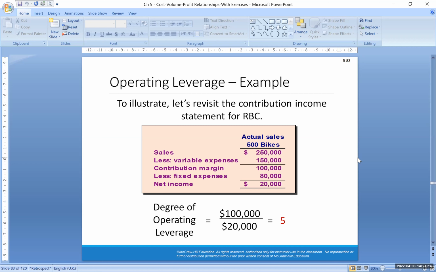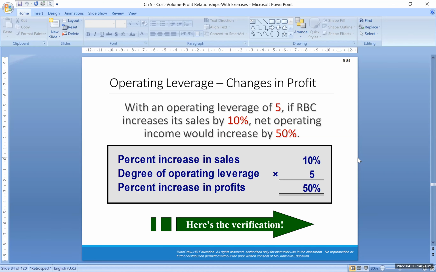Now the answer is 100,000 divided by 20,000, and the answer is 5. What is the meaning of the 5? With an operating leverage of 5, the 5 means 5 times.